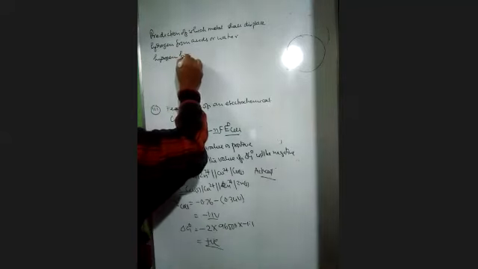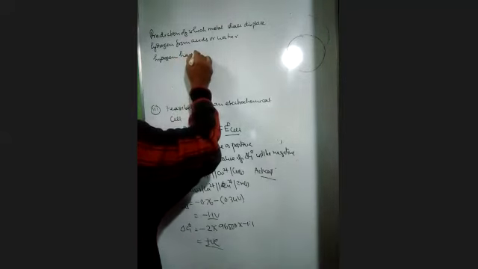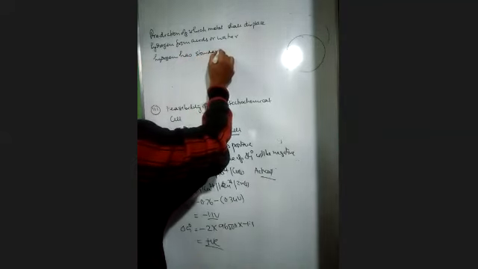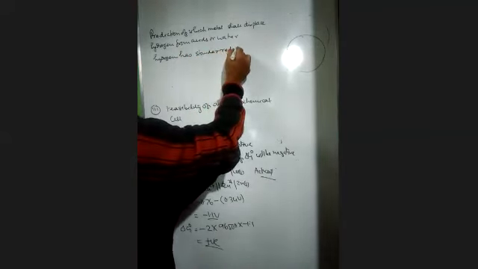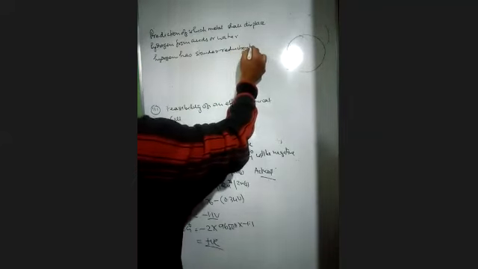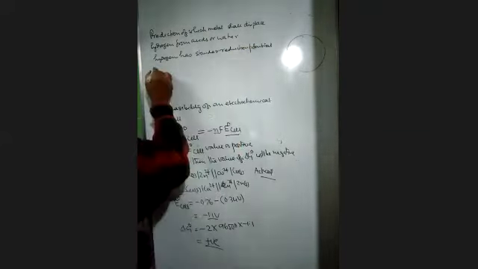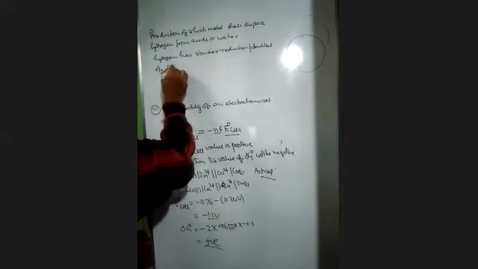Hydrogen has a standard reduction potential of 0.00 volt.